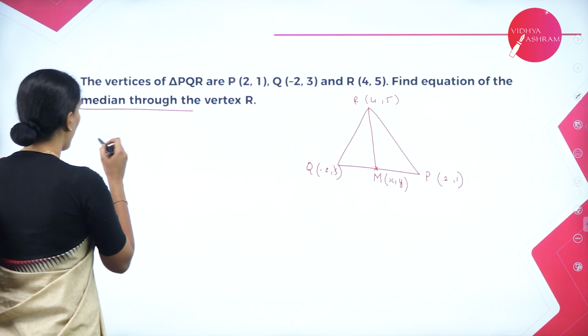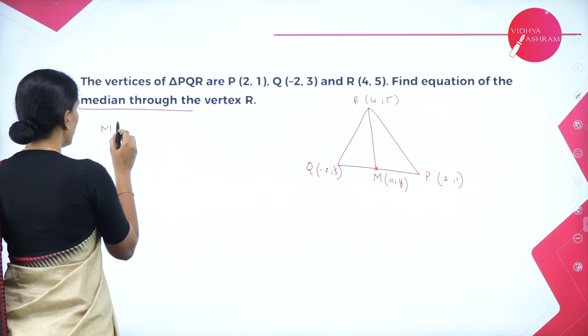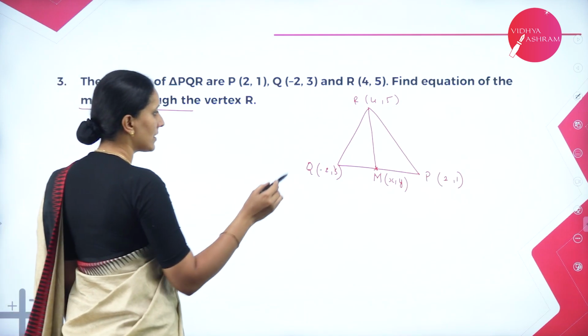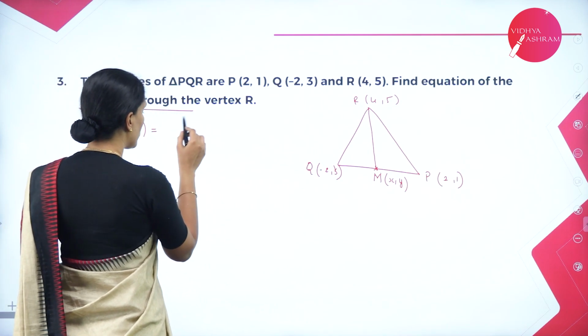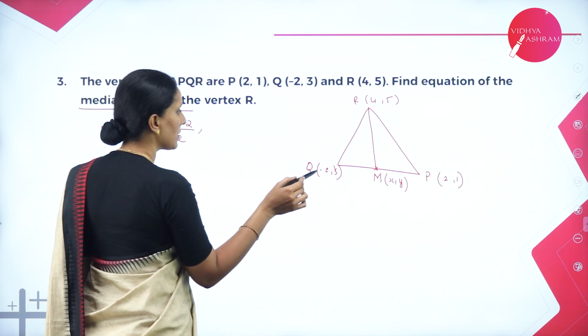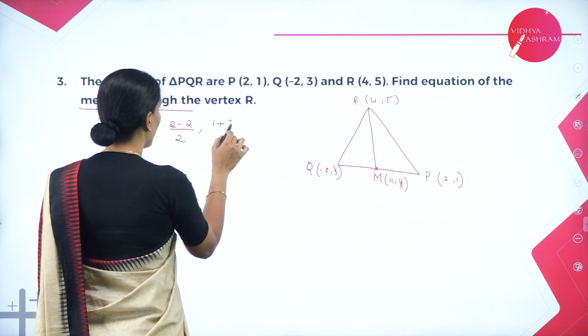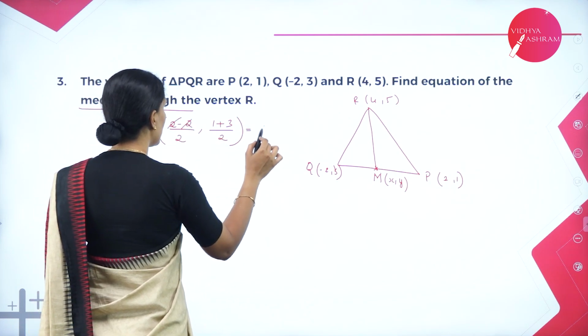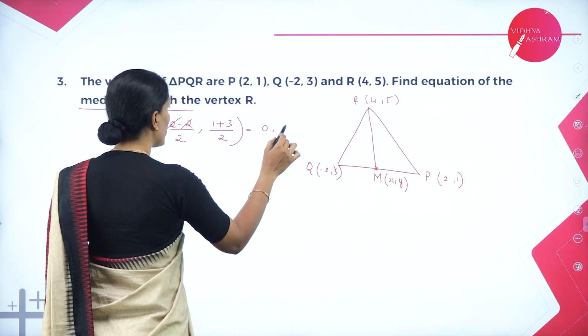So using the midpoint formula, the coordinates of x comma y can be written as (x1 plus x2) by 2, that is 2 minus 2 by 2, and (y1 plus y2) by 2, 1 plus 3 by 2. So here you'll get 0, and 4 by 2 is 2.